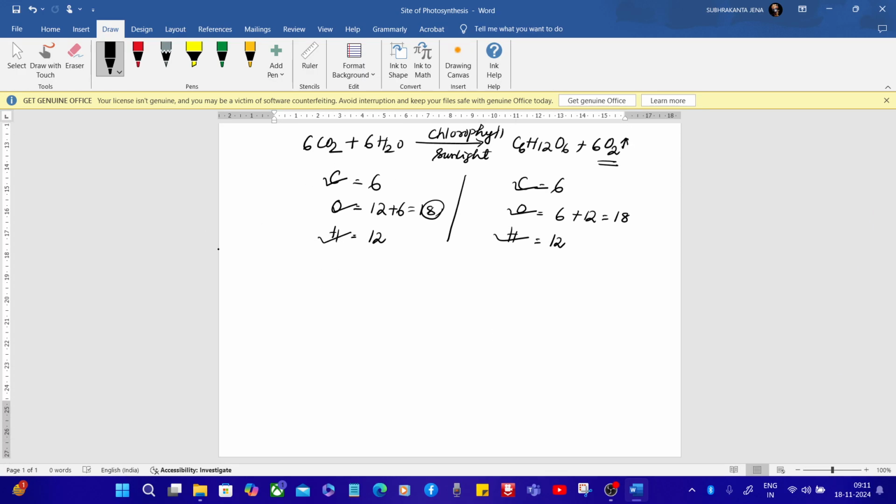Our topic of concern is the site of photosynthesis. Normally, what we are saying is that the leaves of a plant serve as the site for photosynthesis.